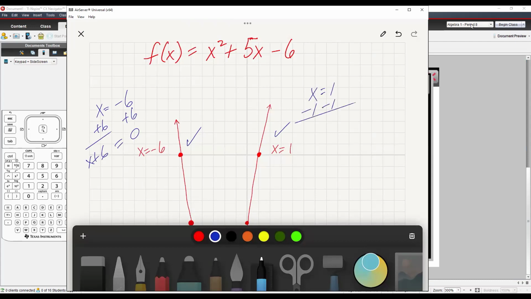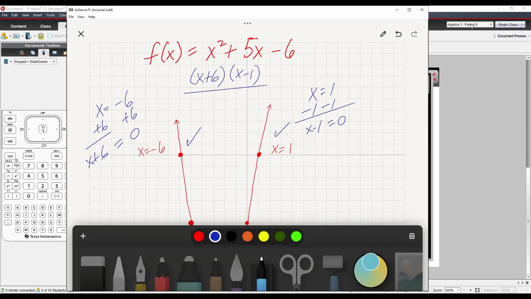We're going to have x minus 1 equals 0. Once you have those equations set to 0, you know what the factors are. So the factors for this would be x plus 6 times x minus 1. Those are the two factors.